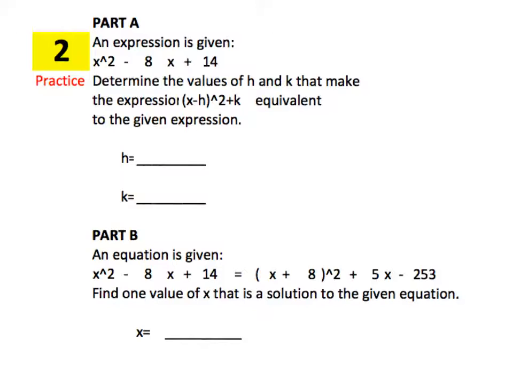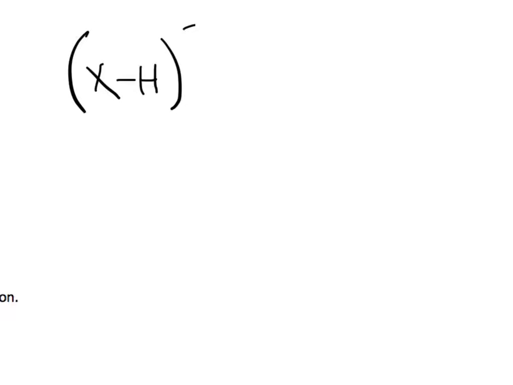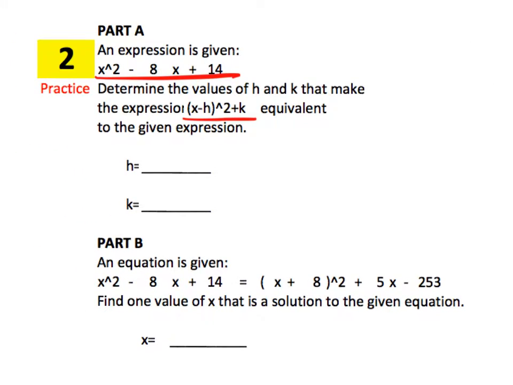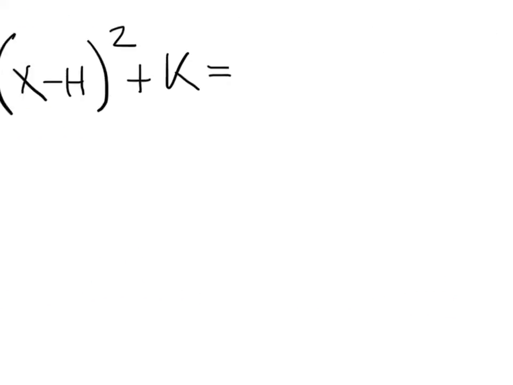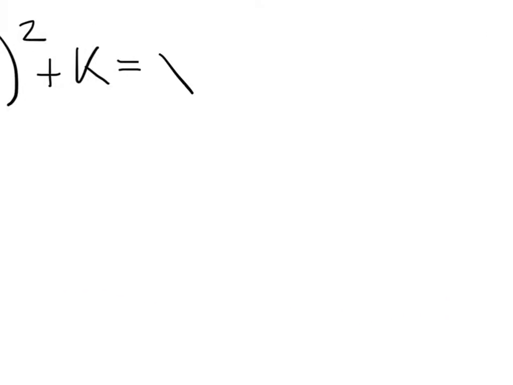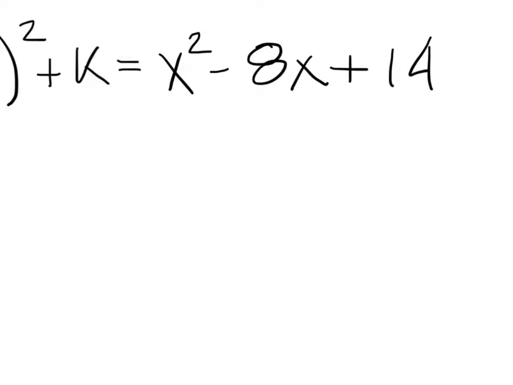On the first part here, we're going to have to set this equal to this. So let's come over to the side, make some room, and let's do the quantity squared of x minus h, close the quantity, plus k, and set that equal to x squared minus 8x plus 14.